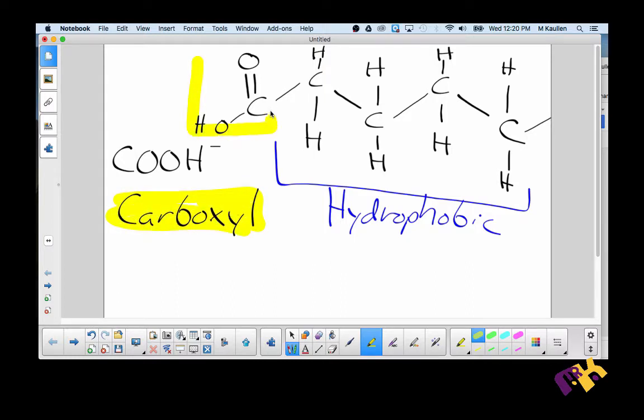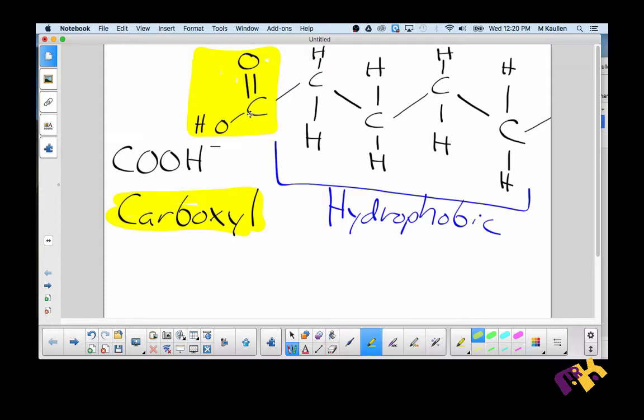Carboxyl is this guy right here. This is what makes it an acid, this carboxyl group. So it's fatty because it has the hydrocarbon chain, which is water-fearing, and it's an acid because it has this carboxyl group.